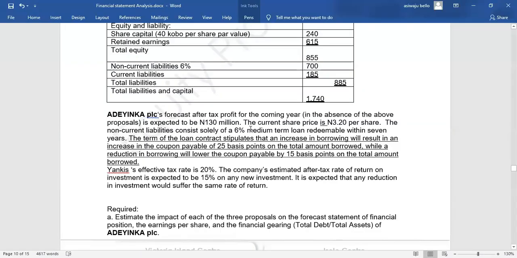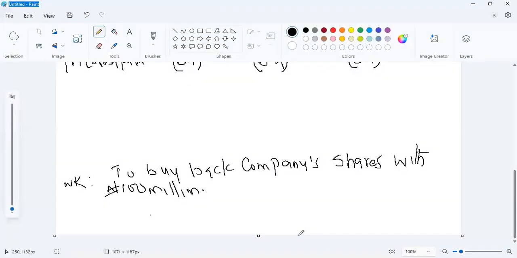Look at it, please. The current share price is 3 naira 20 kobo per share.